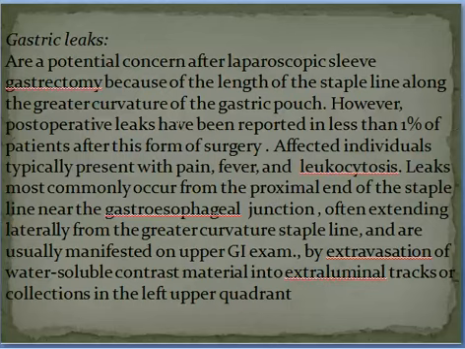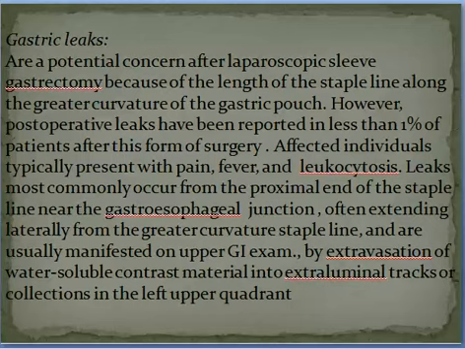Staple line leaks are potential concerns after laparoscopic sleeve gastrectomy, because the length of the staple line along the greater curve is lengthy. Postoperative leakage has been reported, but less than 1% of patients are affected. Individuals typically present with pain, fever, and leukocytosis.